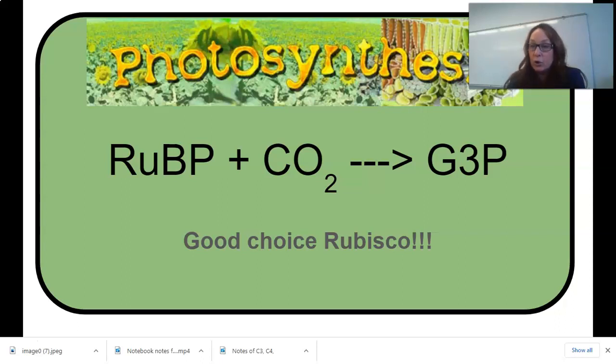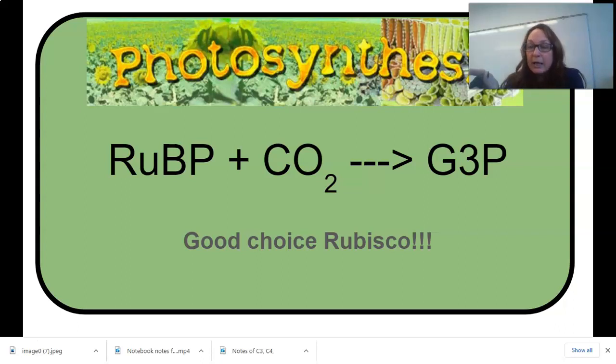It makes a sugar, so the sugar will be made in the Calvin cycle, and what you're doing in this particular process is capturing the energy that you stored in the bonds of ATP and NADPH from light.